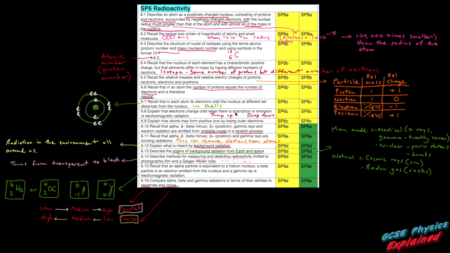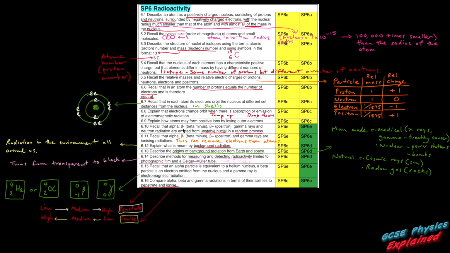Well, if an electron absorbs energy, it'll jump up a shell, and if it emits energy, it'll drop down a shell. Explain how atoms may form positive ions by losing outer electrons. So if one of these electrons were to absorb so much energy, it'd have enough energy to completely leave the atom, and that's what we call an ion.